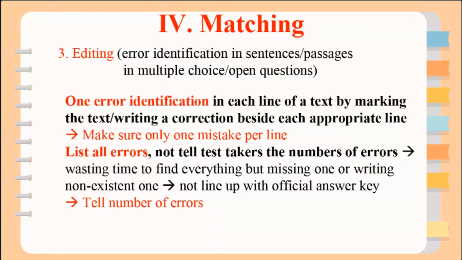Okay, next one we have editing, error identification in sentences or passages in multiple choice or open questions. We have, for example, we ask the test taker to list all the errors, but not tell the number of errors the test taker should get.